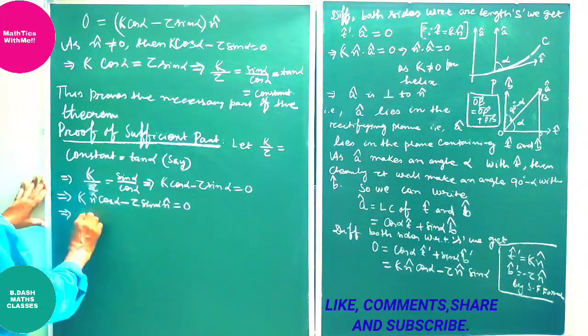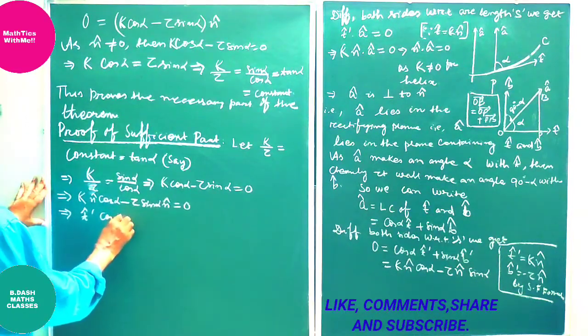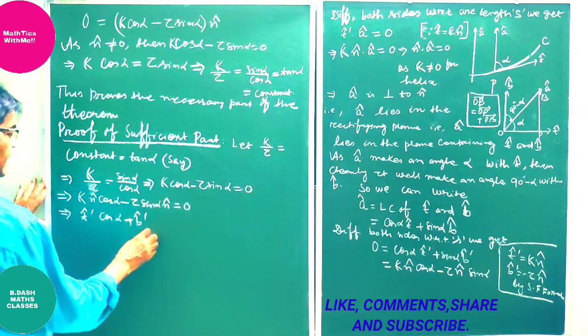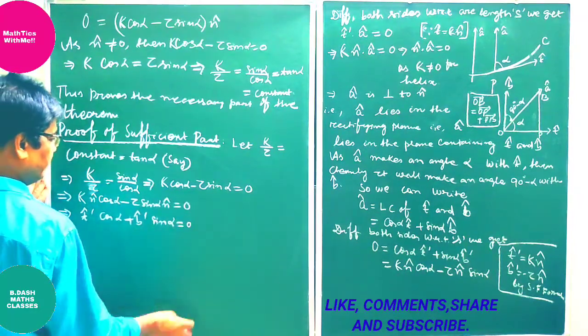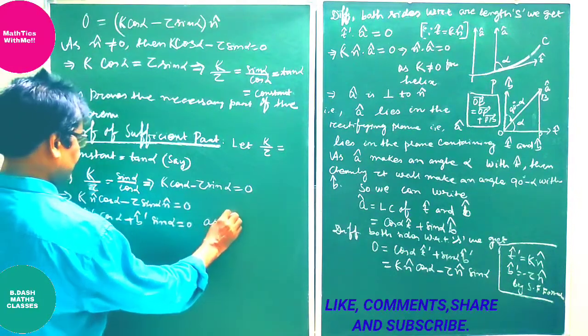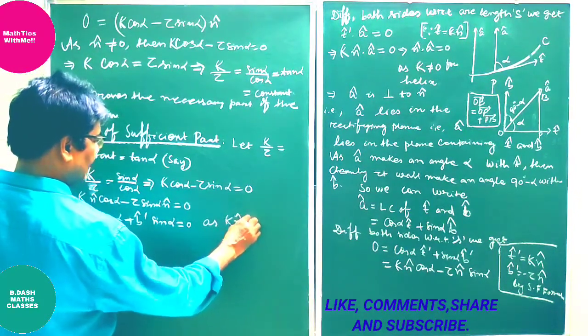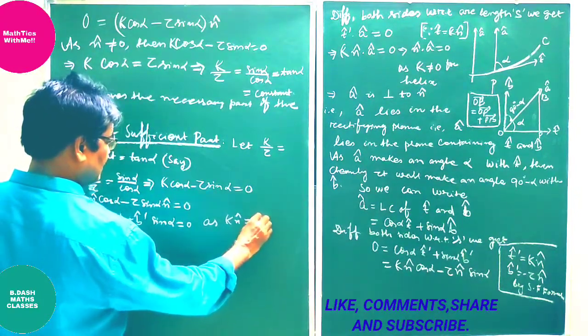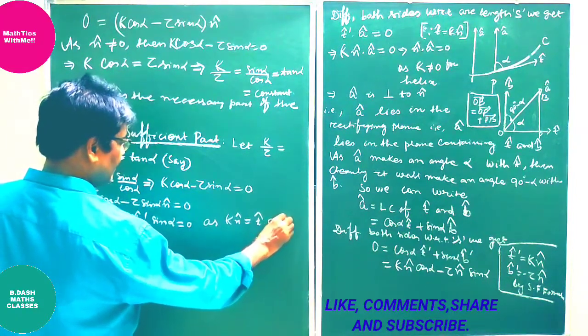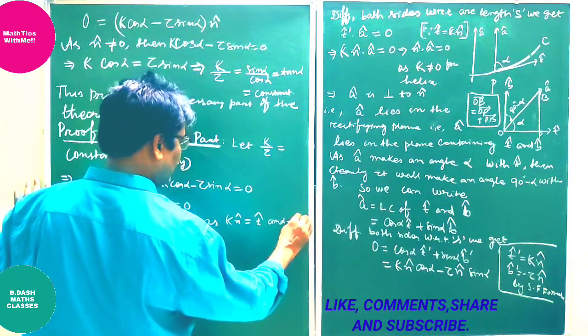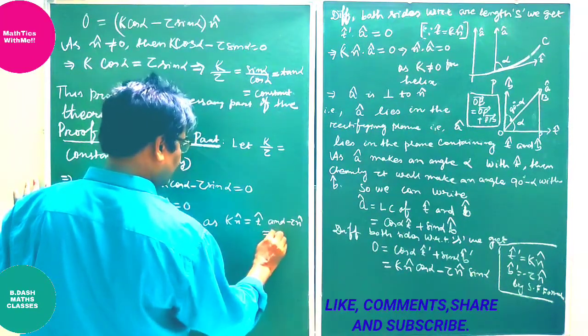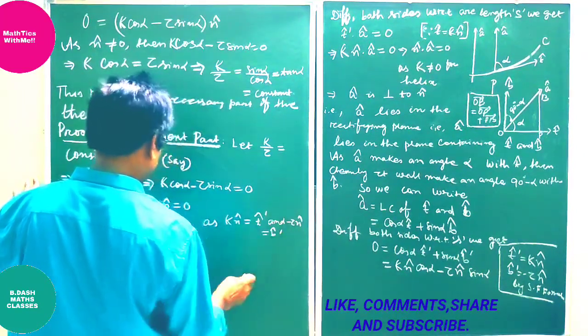So this implies T cap dash cos alpha plus B cap dash sin alpha is equal to 0, as kappa n cap is equal to T cap dash and minus tau n cap is equal to B cap dash.